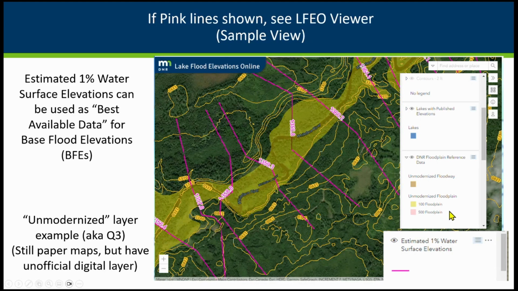And in counties where we've got preliminary information, we often have these pink lines available. If they've gone through some of that map modernization effort, we'll have the cross sections available here to use as our best available BFEs.